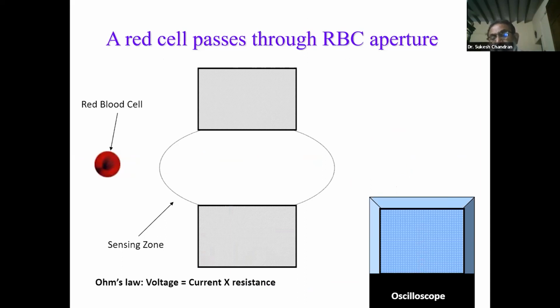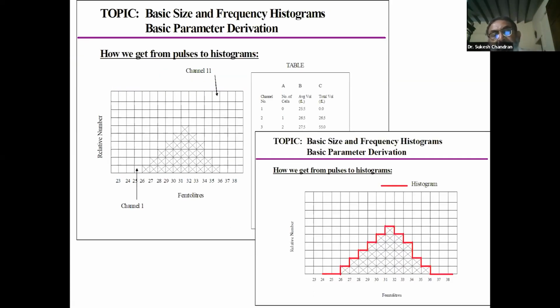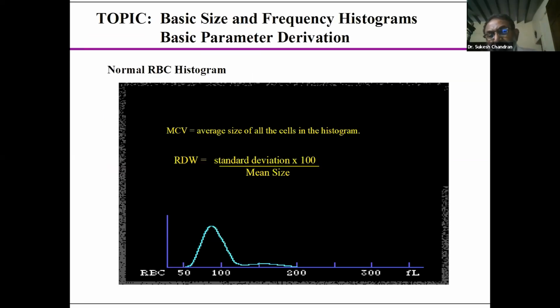Not only is it counting the cell, but it's also sizing the cell. And based on the data that's collected, each cell will reflect as a single spike. Now, these spikes are divided into channels, and with the help of the channels and the events that happen, it creates a frequency histogram, a simple statistical frequency histogram. Finally, this histogram reflects as the red cell histogram.